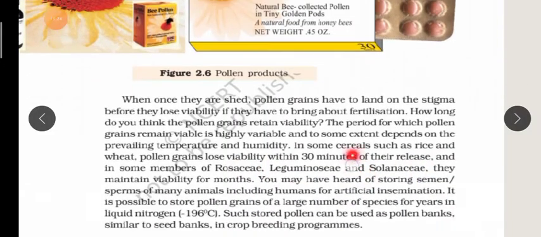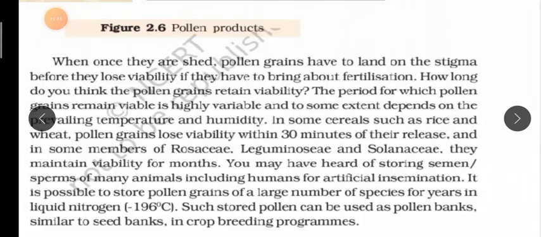You already know that the human male gamete, the sperm, is stored in artificial laboratories by storing semen or sperms of many animals. This is a very famous technique of storing sperms for artificial insemination, so that reproduction can be done artificially.